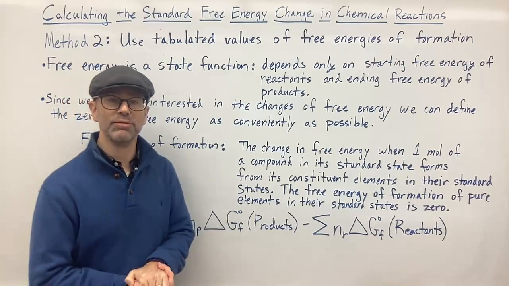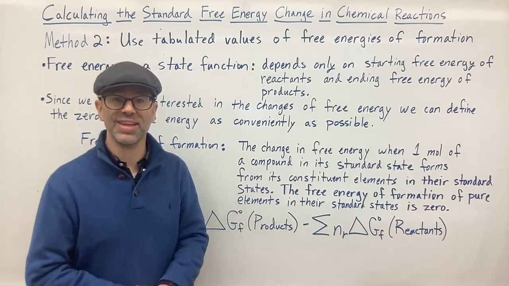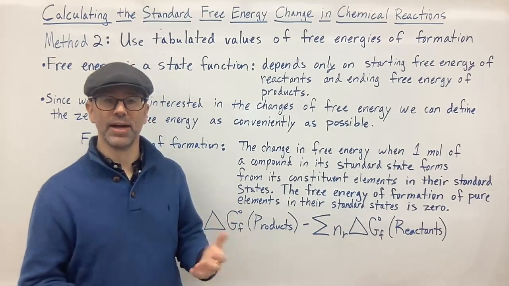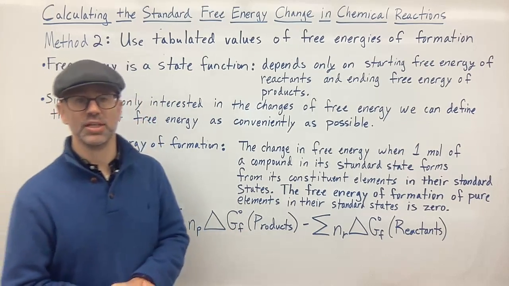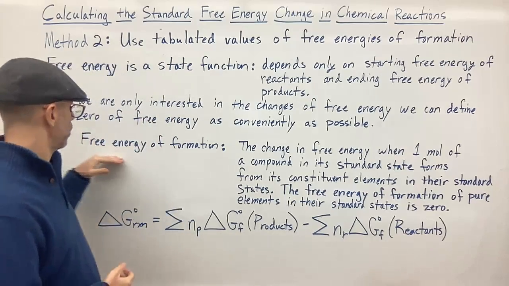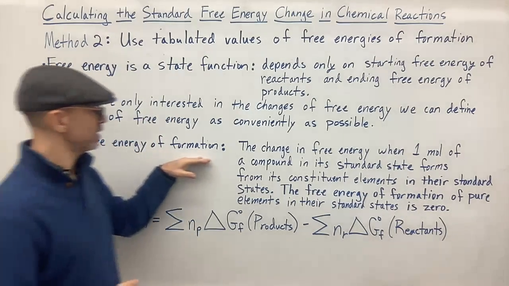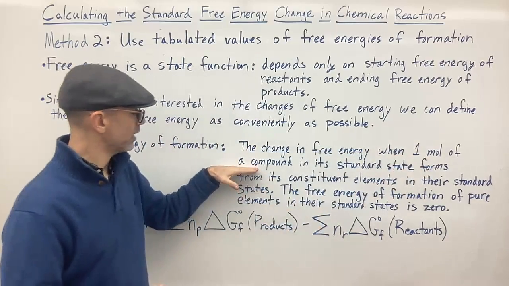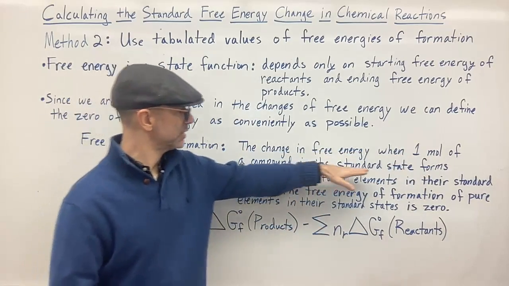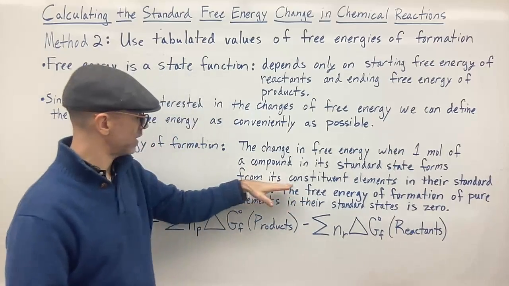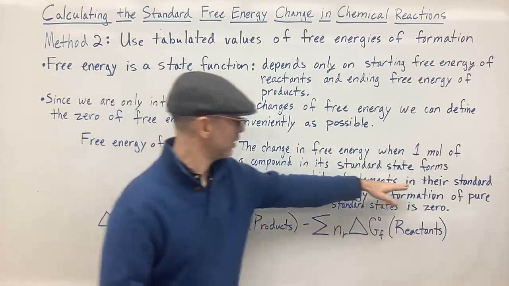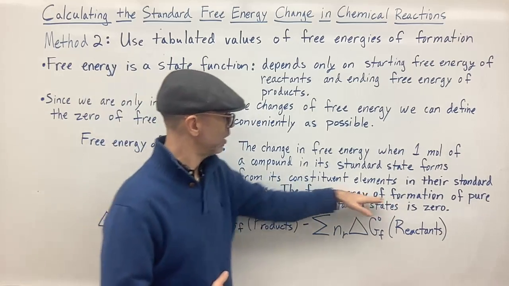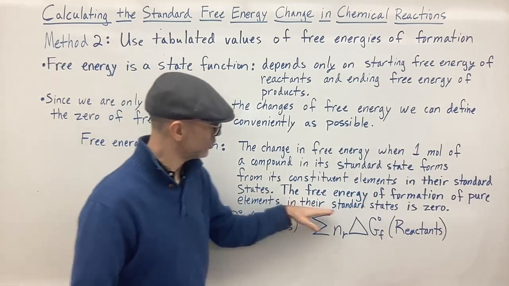Just like we defined the zero for the enthalpy of formation of elements, we define them in the same way for the free energy of formation. Here is the definition of free energy of formation: it's the change in the free energy when 1 mole of a compound in its standard state forms from its constituent elements in their standard states. And the free energy of formation of pure elements in their standard state is 0.